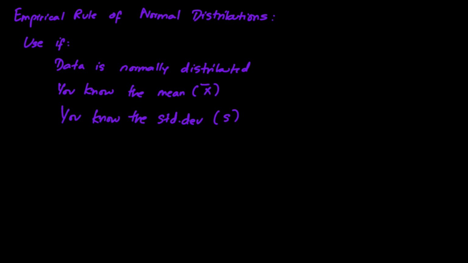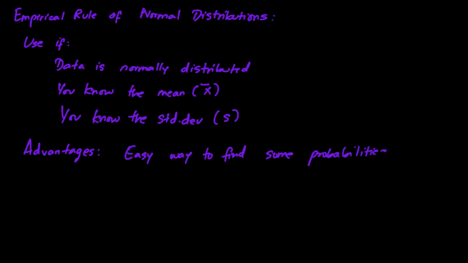Now, there are some advantages to this rule. The advantage is that it's an easy way to find some probabilities, but not all of them. But the disadvantage is you can't find complex probabilities.